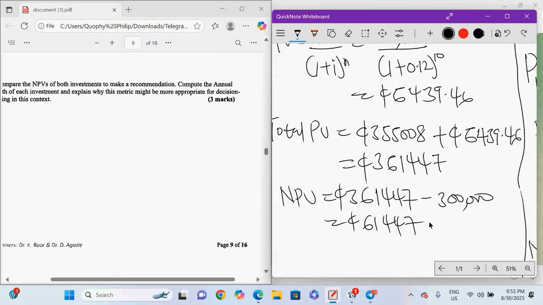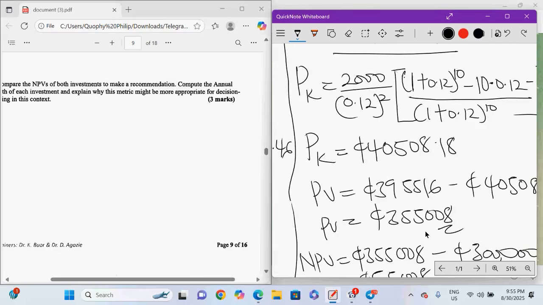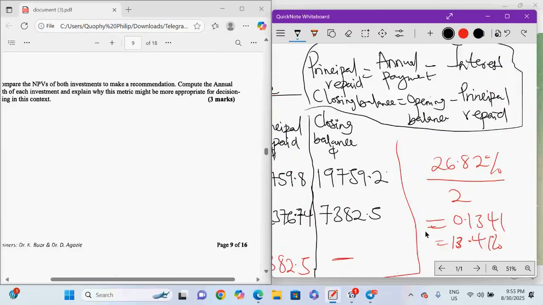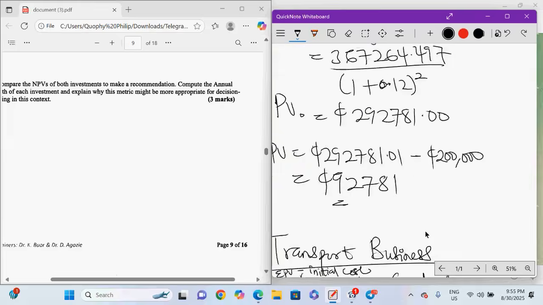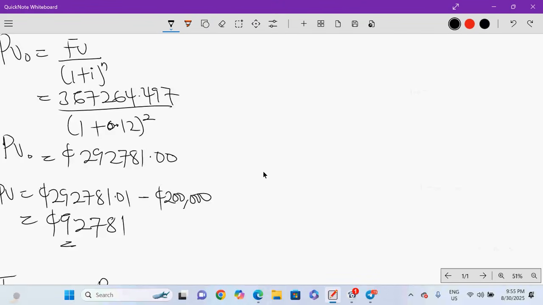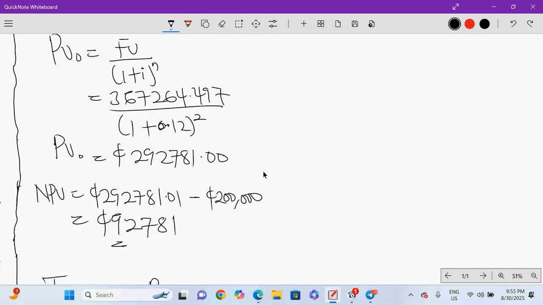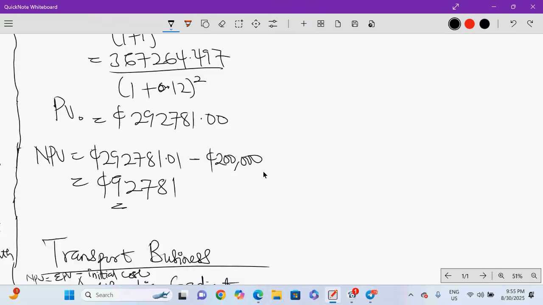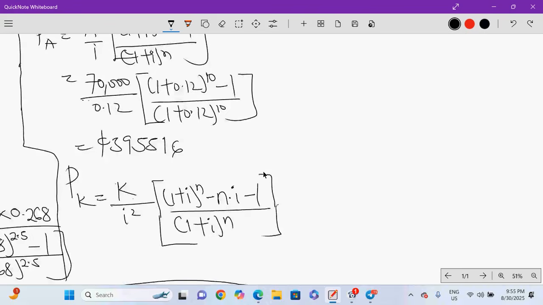So with the new computation we have 61,447 for transport. Whilst for the Galamsey, what did we get earlier? We had 92,781. So still the Galamsey is higher than the transport, right?